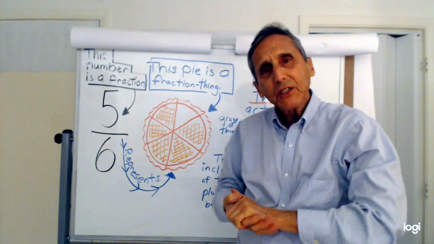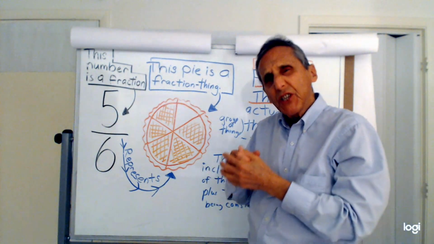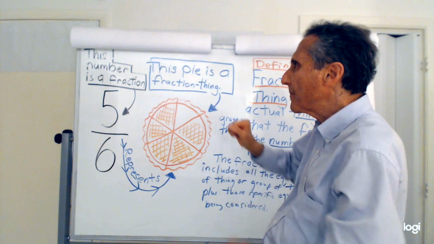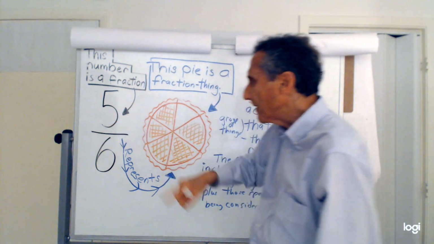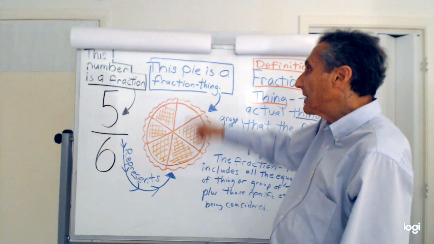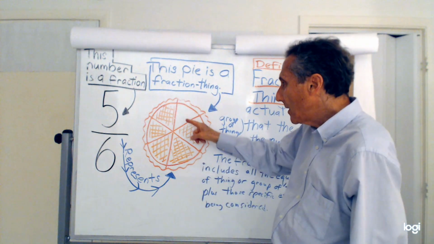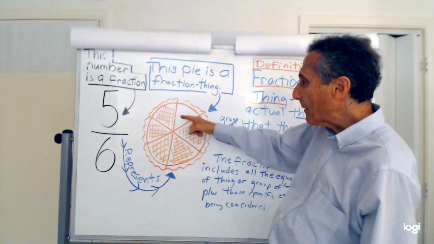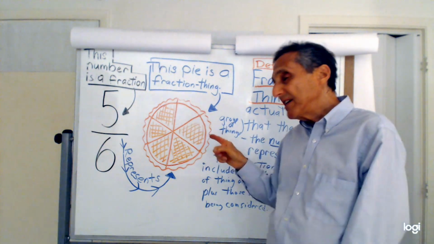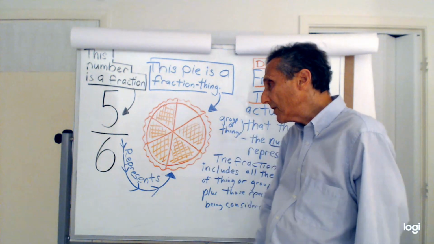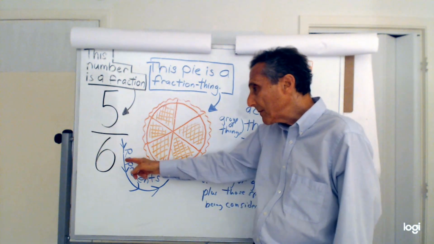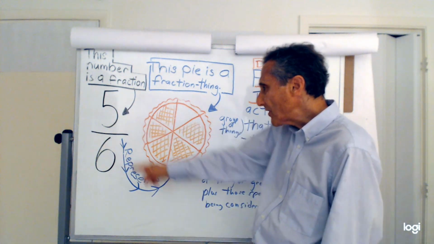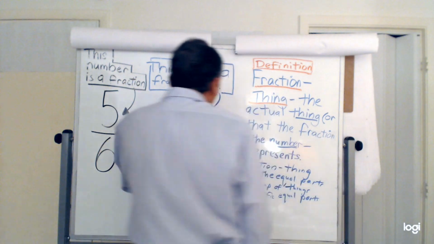this is a last review, just to make sure it's there. This number is a fraction, 5/6. This pie is a fraction thing, 1, 2, 3, 4, 5, 6. Okay? We're talking about 5 pieces. 5 pieces eaten. That's the top number, the numerator, bottom number, denominator. The fraction represents the fraction thing.